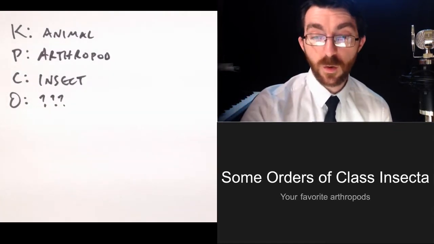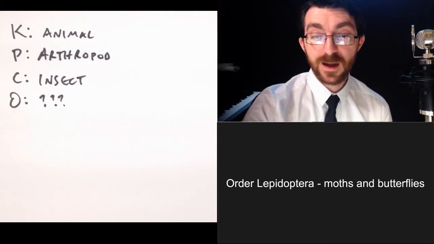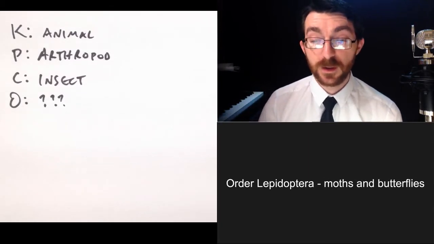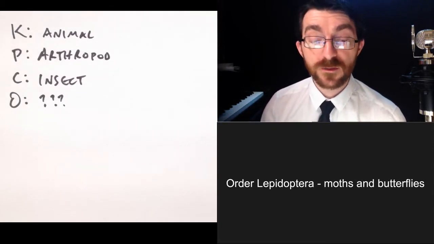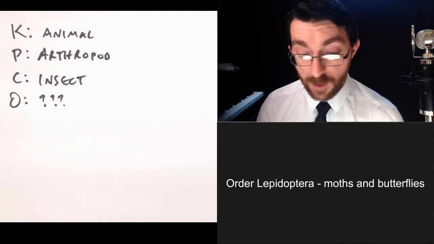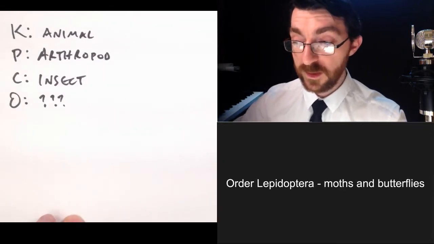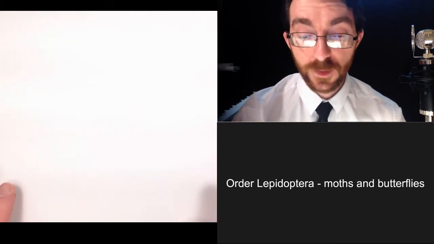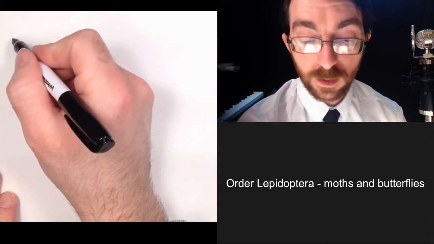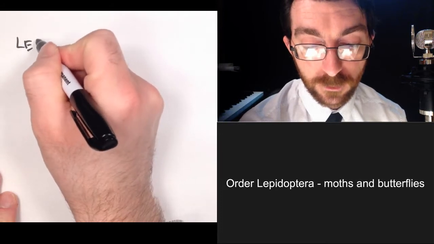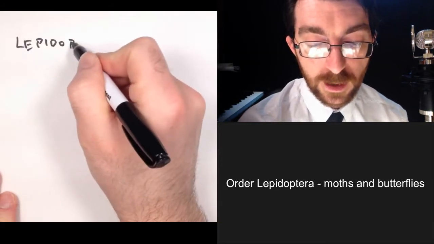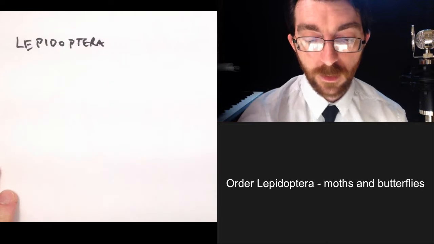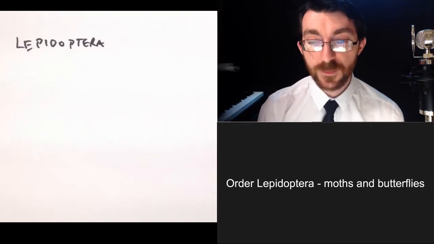So the first order of class Insecta is Lepidoptera. Lepidoptera is the moths and butterflies. So I'm going to go ahead and give every one of these its own sheet, just out of respect, but also for organization. So first one is order Lepidoptera. Okay, so what does this mean?